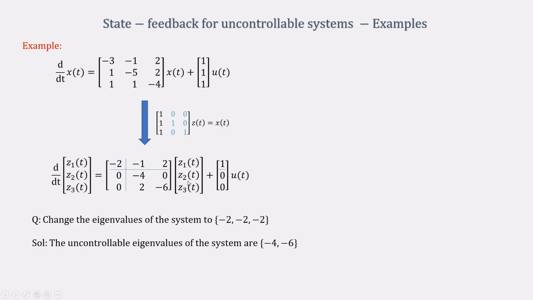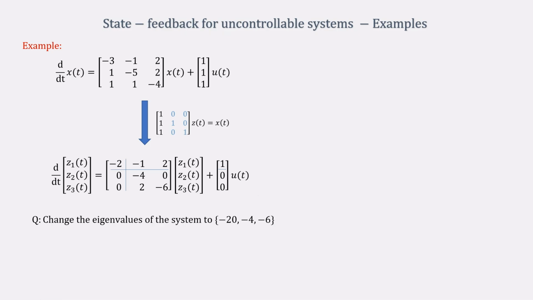So, the eigenvalues of this matrix are -4, -6 and -2, but importantly -4 and -6 are the uncontrollable eigenvalues. And since -4 and -6 are uncontrollable eigenvalues, there is no way that I would be able to change all the eigenvalues to -2, -2, -2, because these cannot be changed. So, in this example at least we know that we will not be able to place the eigenvalues of the system at -2, -2, -2.